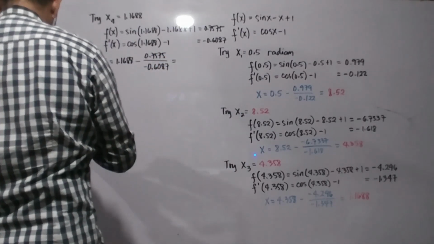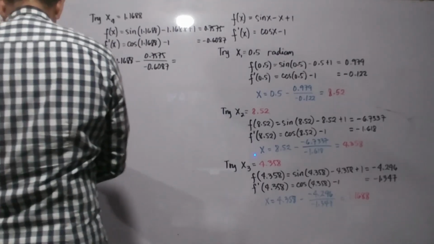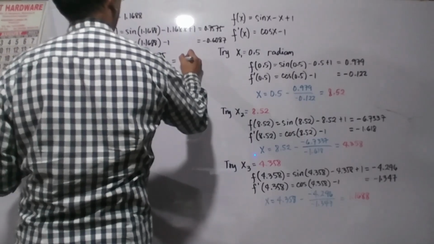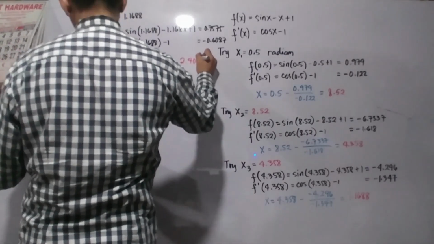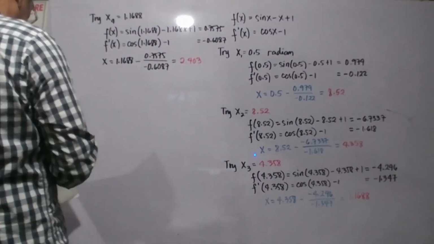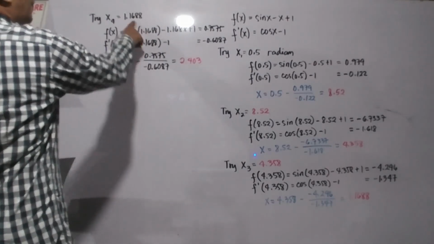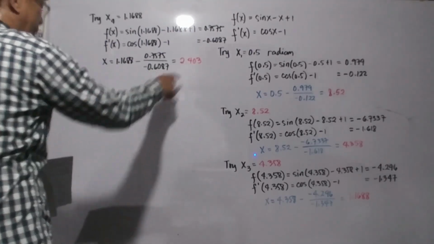And we have now the value of 2.403. As you notice, they are still not the same. Then use this again.